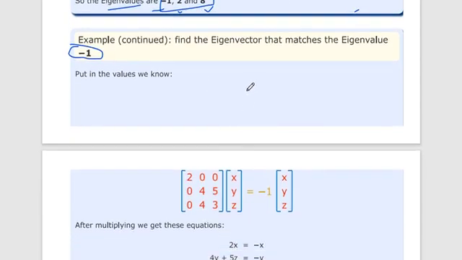So how do we find it? Let's take our equation Ax is equal to lambda x. Here A is the matrix, x is the vector xyz, and lambda is -1.